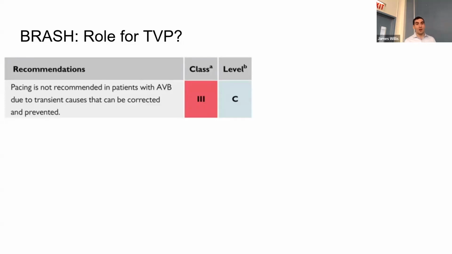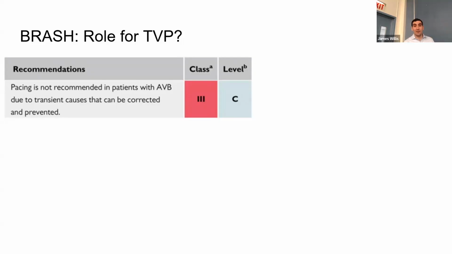The European Society of Cardiology put out an expert consensus statement, which is a cohort of experts in the field who look at the totality of evidence and give evidence-based recommendations with the level of evidence they think is supported.